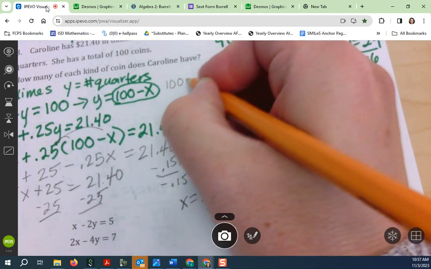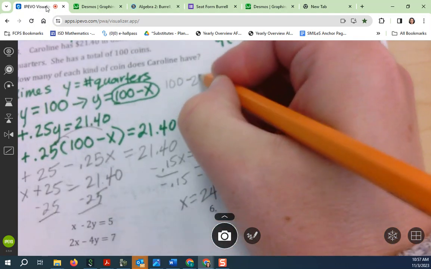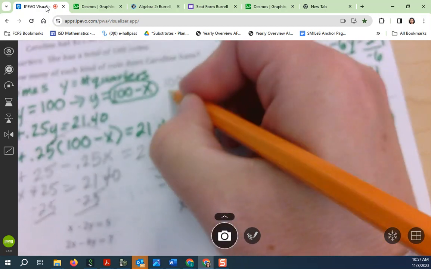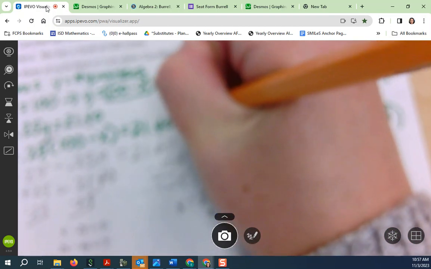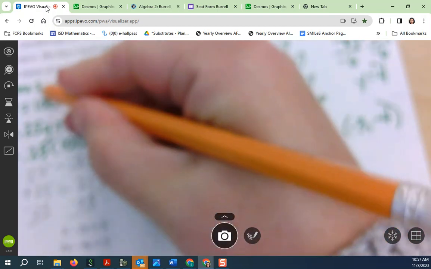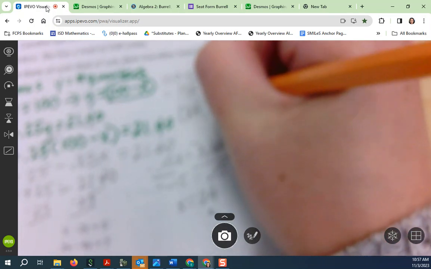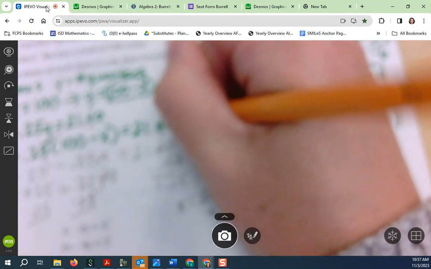So 100 minus 24 should give me 76 quarters. And so I can express my answer as a point, 24 dimes, comma, 76 quarters.